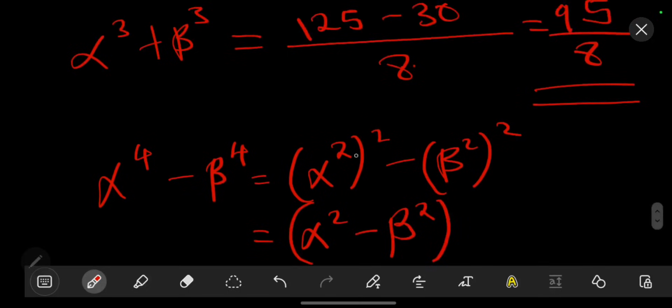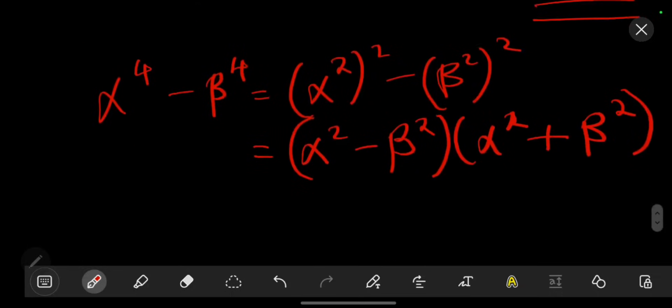Then for the second part, there are 2 of these numbers, so we are going to take alpha squared, then we are going to have plus beta squared. So the second one, when you take it, it's plus. That's how difference of 2 squares works, like that. So this is the identity for alpha to the power 4 minus beta to the power of 4.